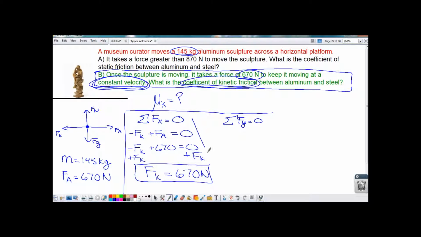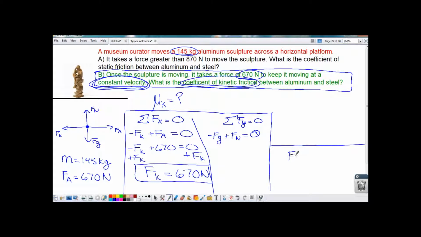Okay, and we're going to take a look at our y direction. In the y direction, there are 2 forces. The gravitational force acting in the downward direction, so I make it negative, plus the normal force acting in the upward direction, so we'll leave it positive, and they add up to 0. Gravitational force is not written down over there, so we have to find it.